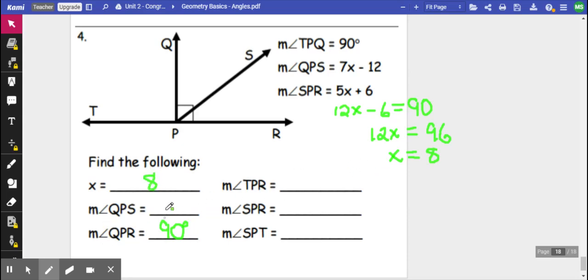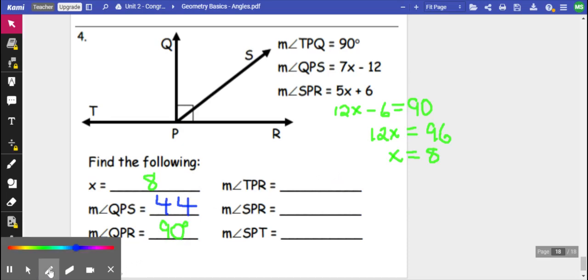Now, in order to figure out what QPS and SPR will be, let's do that first. We can do QPS first. So we're going to do 7 times 8 minus 12, and that is going to be equal to 44. And so we got QPS.